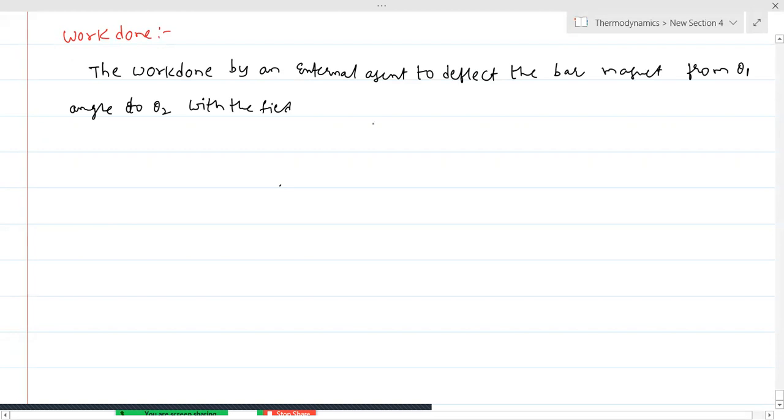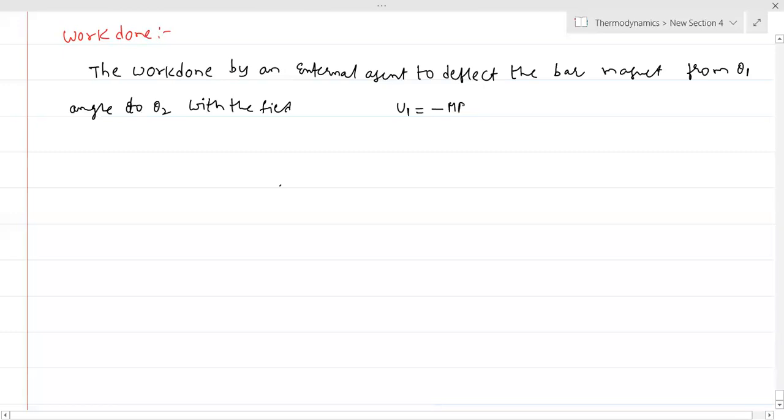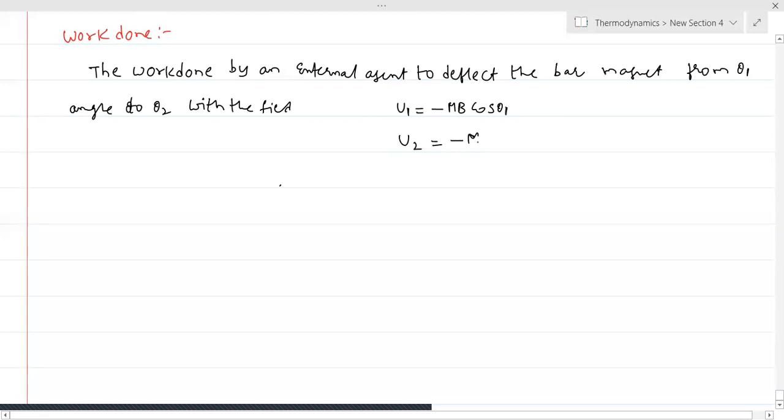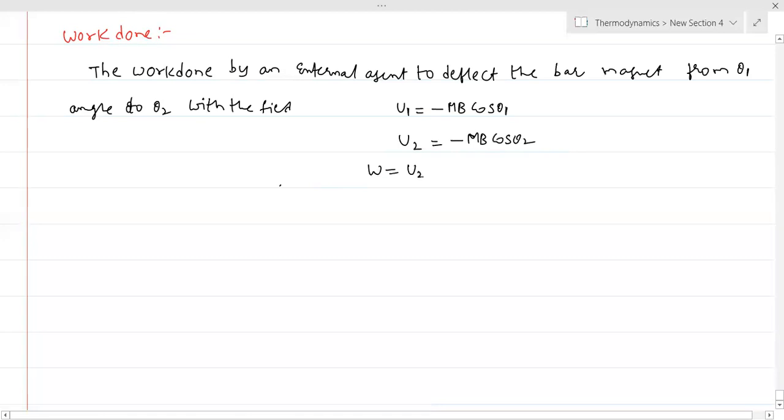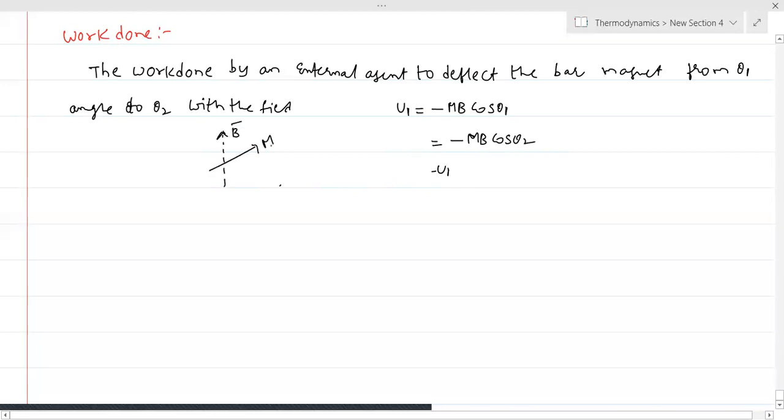So that means in the initial step it was making an angle theta 1, so we will write minus MB cos theta 1. In the final stage it was making an angle theta 2, so minus MB cos theta 2. So we are taking work done. Work done equals change in potential energy. So if this is the B bar direction, first the bar magnet was making an angle theta 1.